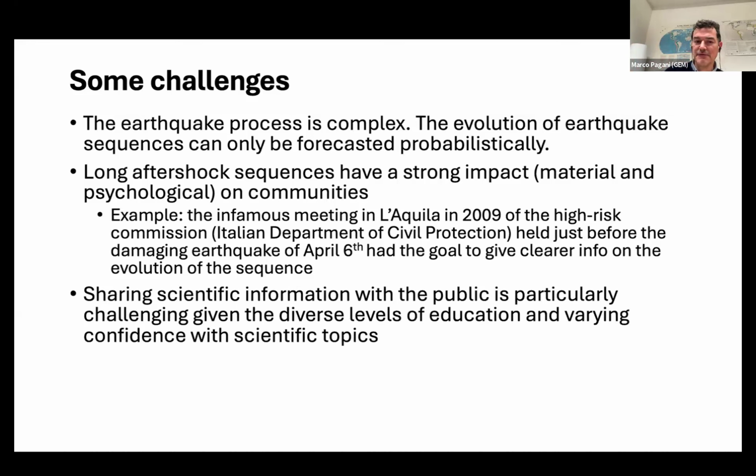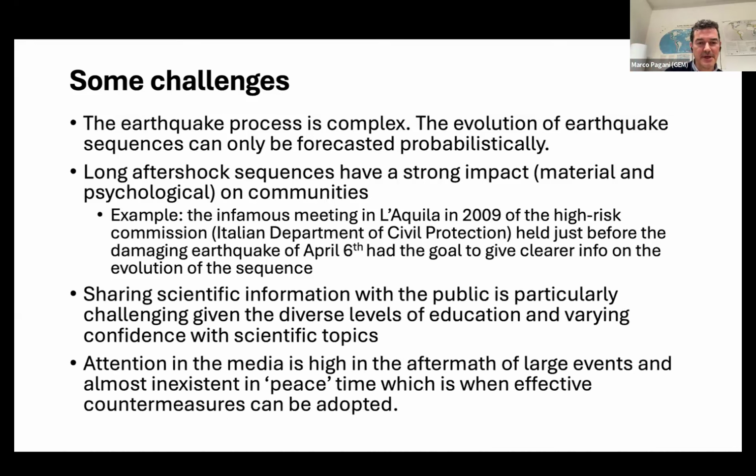Sharing scientific information with the public is challenging given the diverse levels of education and the varying confidence with scientific topics. The attention in the media is very high immediately in the aftermath of a large event and almost nonexistent in peacetime, which is when you can actually implement the most effective countermeasures.